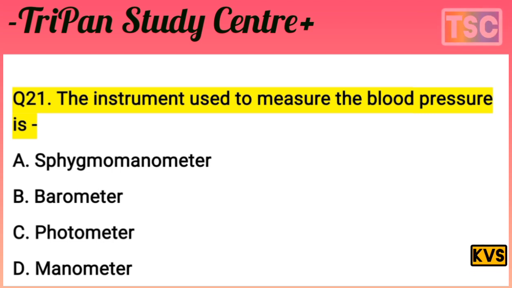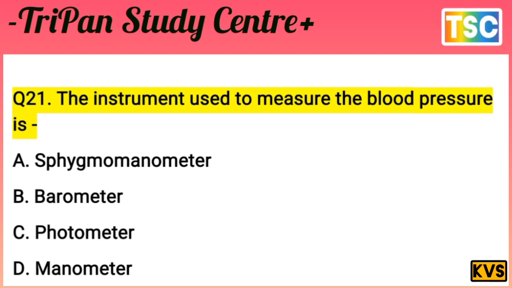For example, 120 upon 80 mmHg, that is, 120 plus or minus and 80 plus or minus mmHg. It means the measuring of blood pressure here is done by the sphygmomanometer. A option is correct for this question.